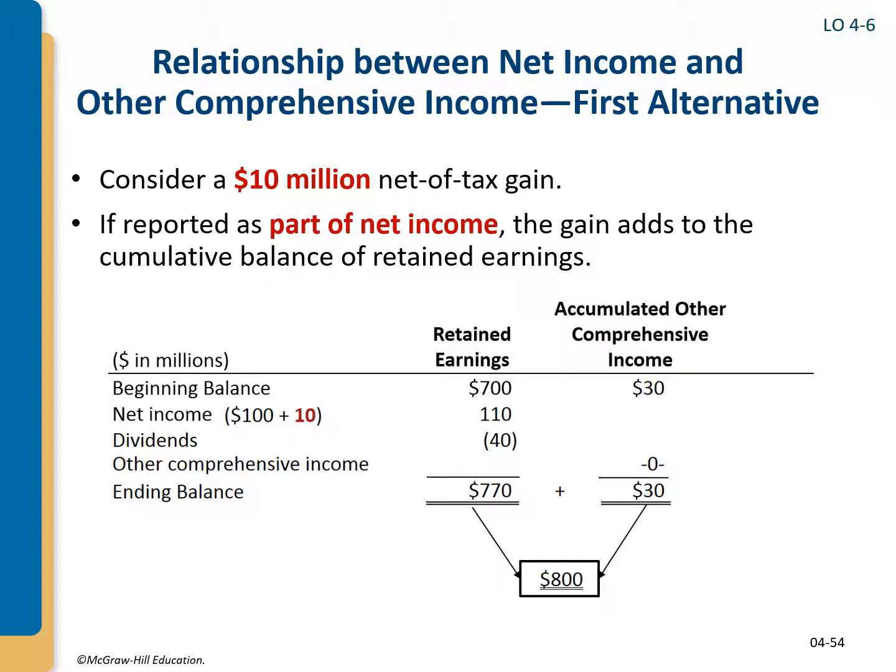Okay, so we're looking here at the relationship between net income and other comprehensive income, and here's your first alternative. Consider a $10 million net of tax gain. If reported as part of net income, the gain adds to the cumulative balance of retained earnings. So there it is. At 110, 770 plus 30, total retained earnings and accumulated other comprehensive income are 800.